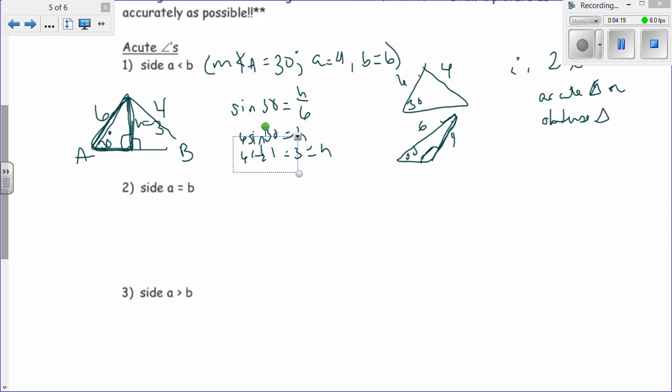The next situation is still with an acute angle and side A is equal to side B. So I'm going to stick with the fact that I have an acute angle and the measure of angle A is 30 degrees. A is equal to 6 and B is equal to 6.